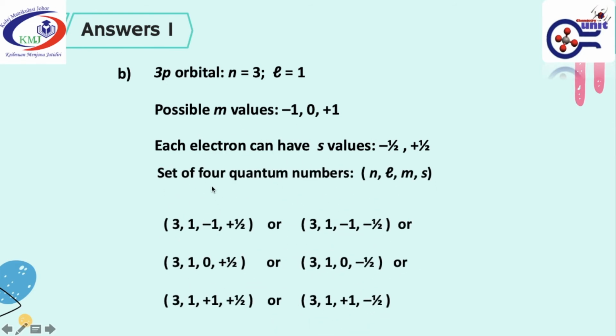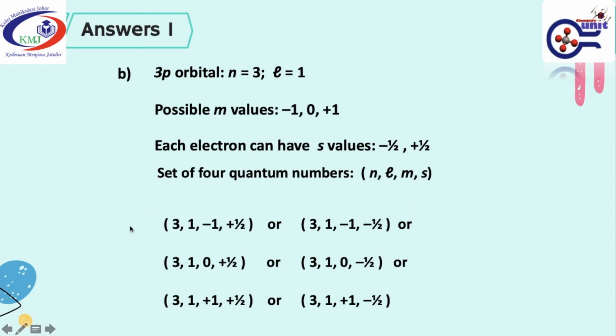So, the sets of 4 quantum numbers are (3, 1, negative 1, positive half), or (3, 1, negative 1, negative half), or (3, 1, 0, positive half), or (3, 1, 0, negative half), or (3, 1, positive 1, positive half), or (3, 1, positive 1, negative half).